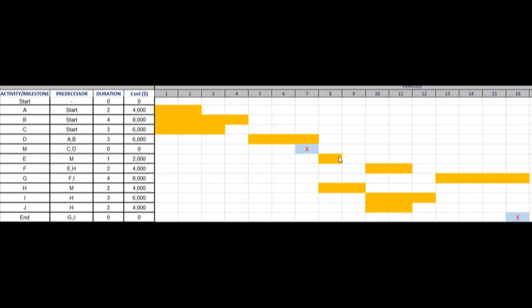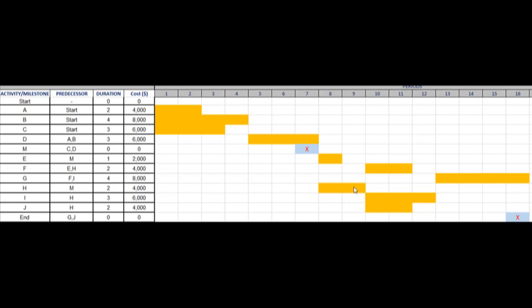That means I have 1 period of float on activity E. I can begin it in period 8 or I can begin it in period 9. As I look at my final activity G, I have a period of float here on F and a period of float here also on J. But if we look at H, what's dependent on H?